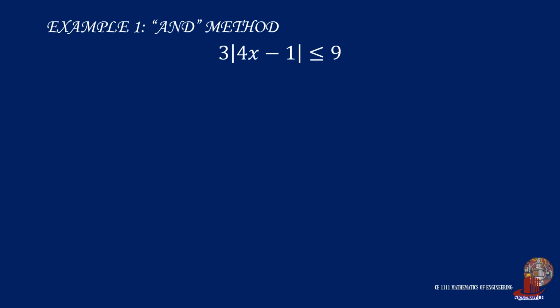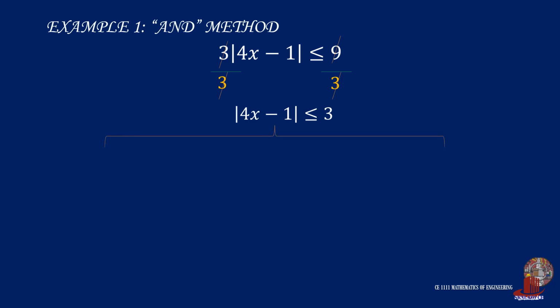What is the solution of 3 multiplied by the absolute value of 4x less 1 is less than or equal to 9? We solve this inequality using the separate inequality method. We first simplify the whole inequality by dividing it by 3. So we get the absolute value of 4x minus 1 is less than or equal to 3.